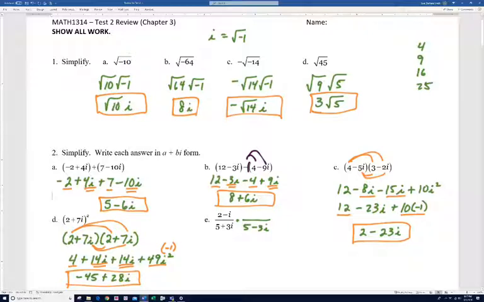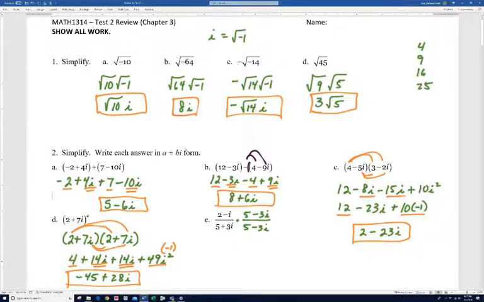So we'll see that in a minute here. Of course, we can't just multiply the denominator by 5 minus 3i. To make it legal, we also need to multiply the numerator by the same thing. So what we're really doing is multiplying by something that's equal to 1. So that's what makes this work.